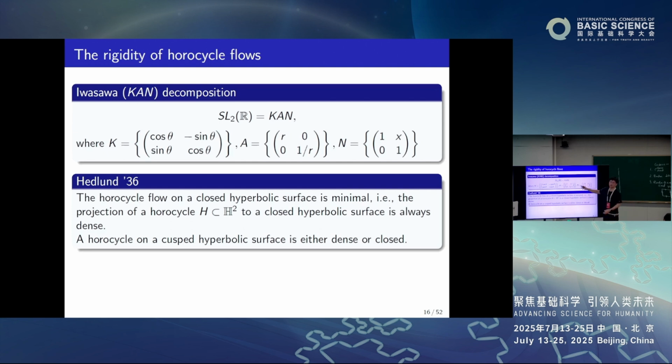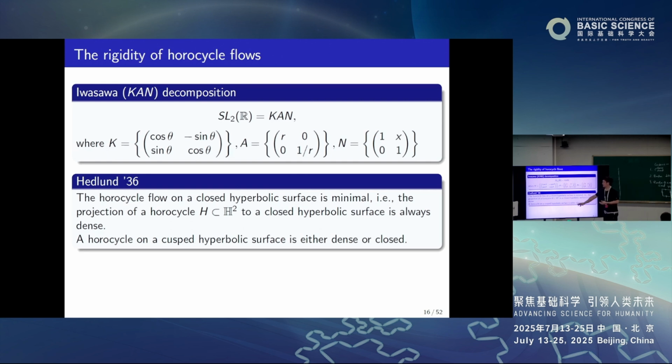Basically, this orbit on a hyperbolic surface is always dense. If you recall geodesics on a hyperbolic surface, you have many different types, but this orbit is always dense, just one type. That's called control, because you have a very clean classification of objects.